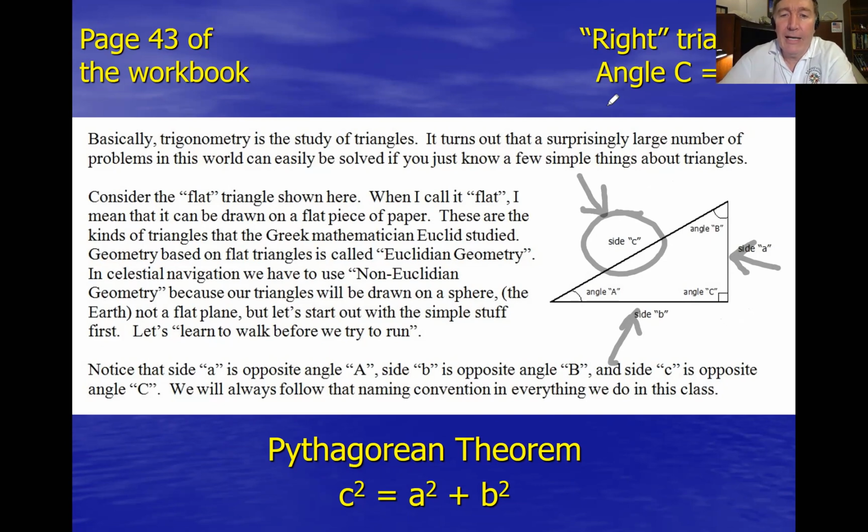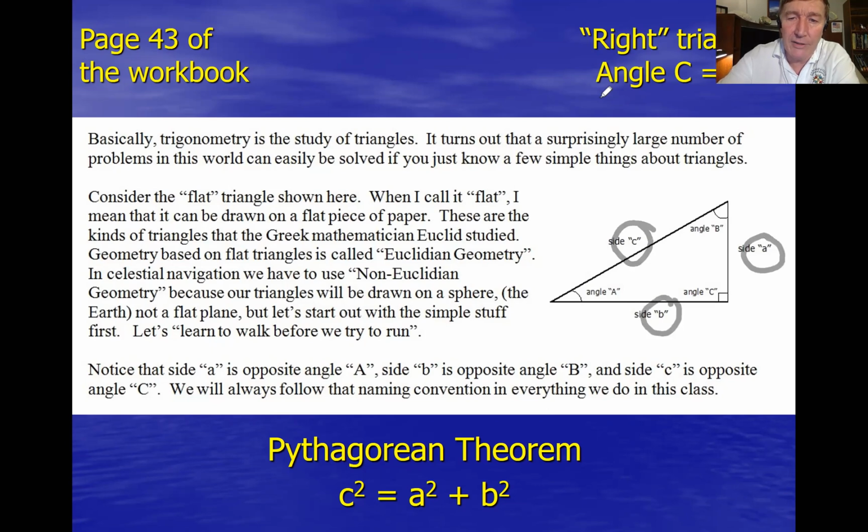Okay. Now, speaking of naming conventions, notice that the letter I'm using for the sides is always a lowercase letter, and the letter I use for the angles is always an uppercase letter.